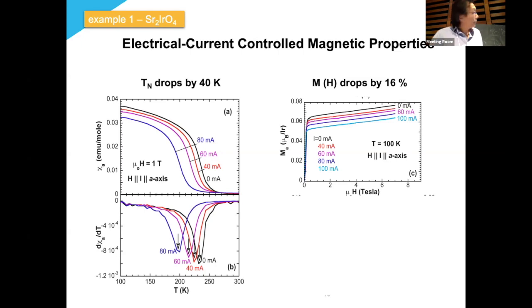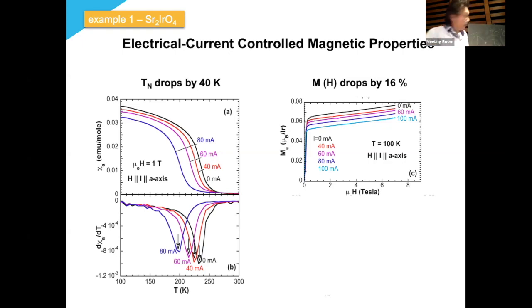We also measured isothermal magnetization with current. We see the magnetization drops by 16% at about 100 milliamps.